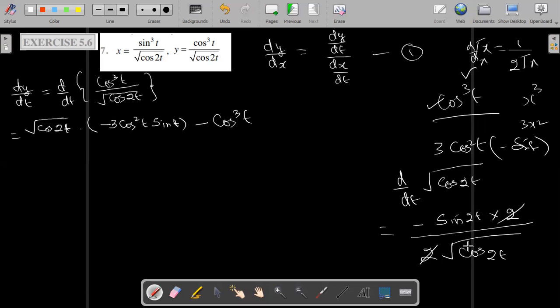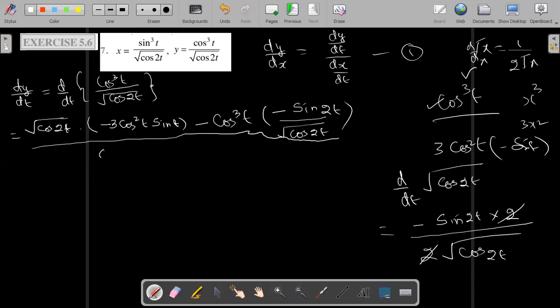We get minus sin 2t upon under root cos 2t, and divided by the square of the denominator, that means square of square root, so the square root will cancel, cos 2t will be left.